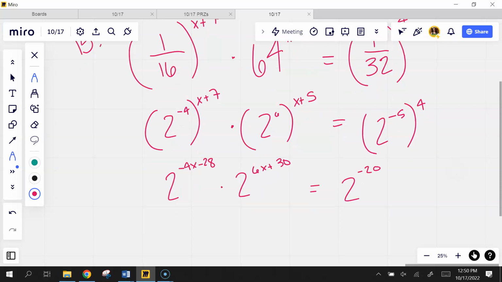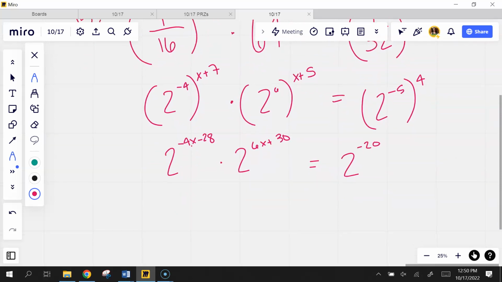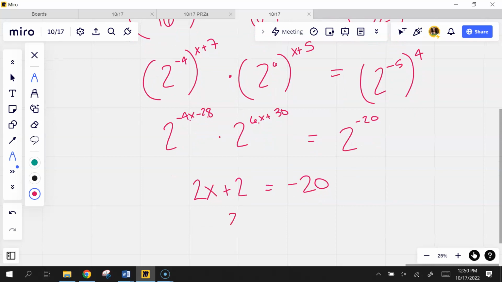So I'm multiplying, that means I add. So negative 4x and 6x, 2x, and I'm just going to go ahead and drop off these bases because they're the same. And then negative 28 and 30 plus 2. What's x equal? Negative 11.